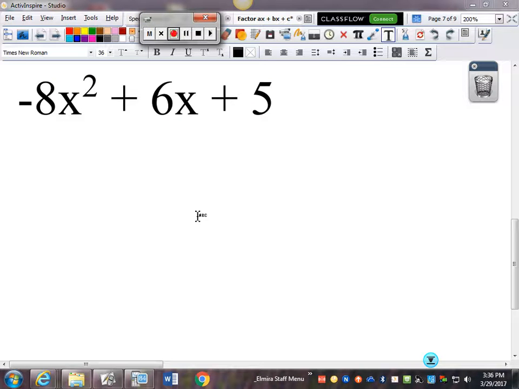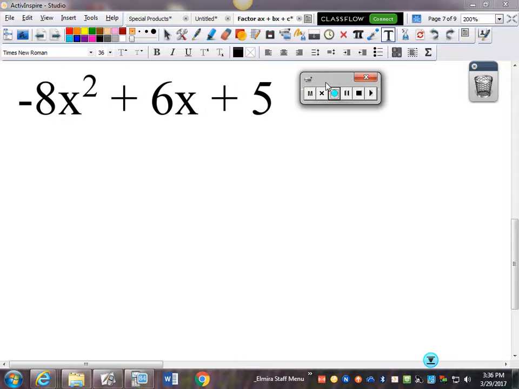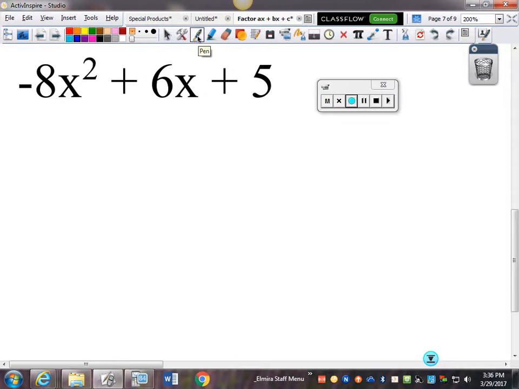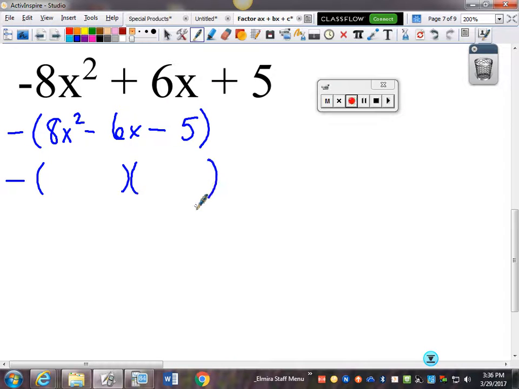Okay, one last thing is if you have a negative leading coefficient, and this goes all the time, not just in this situation, if you have a negative leading coefficient, factor out the negative. Okay, so negative factors out, and I get positive 8x squared minus 6x minus 5. Now this negative that I factored out, I have to keep. But then I'm going to carry it down, but I'm going to ignore it now.